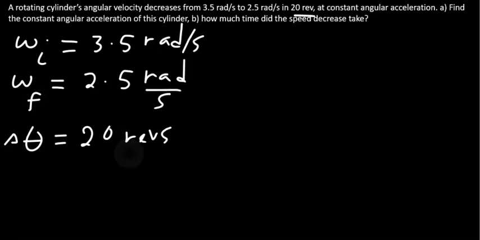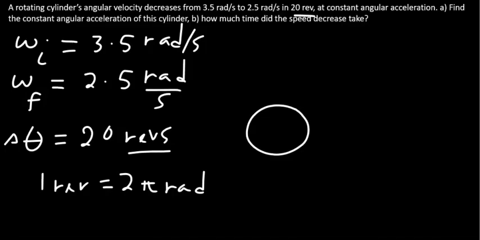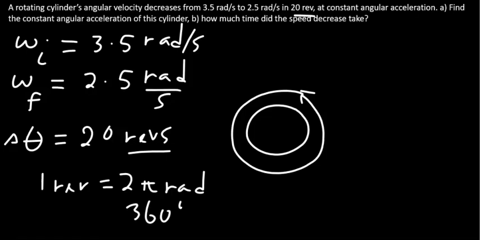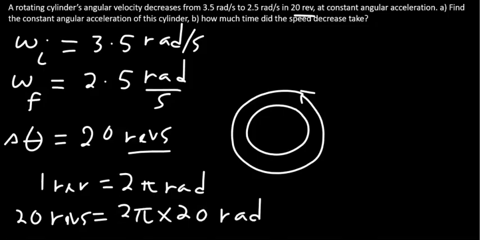Now, we have to turn this revolution unit into radians. 1 rev is 2 pi radian, because in 1 rev the cylinder will rotate through 360 degrees. So 360 degrees is 2 pi radian. So if it's 20 revs in radian, it is 2 pi times 20 radians. That is the angular displacement that the cylinder has rotated through.